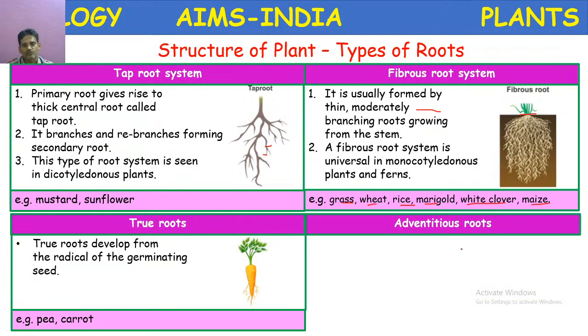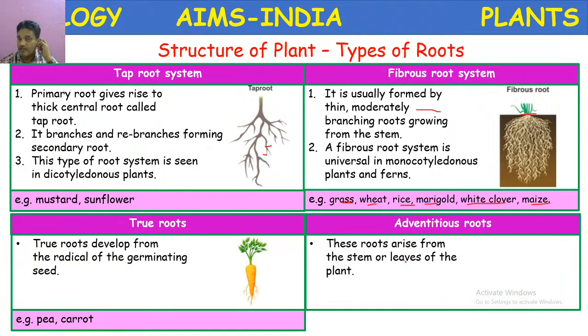Next, adventitious roots. This terminology is very important in the basics of IIT and medical foundation, particularly. What are adventitious roots? Means the roots which are developed other than from the radicle. In the embryo of a seed, the radicle develops into the root system and the plumule develops into the shoot.